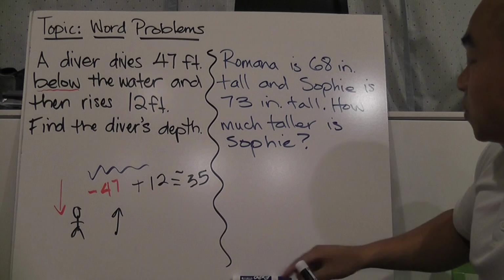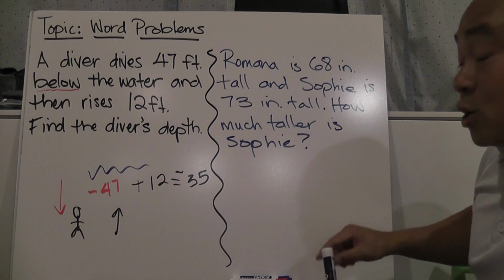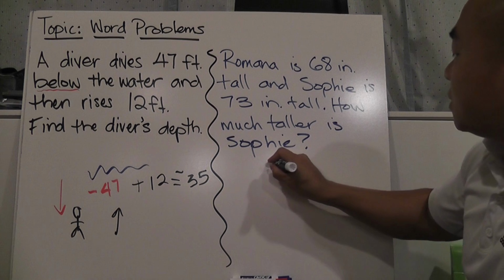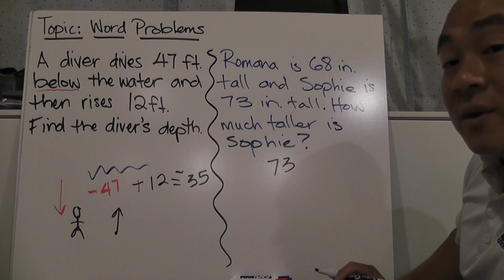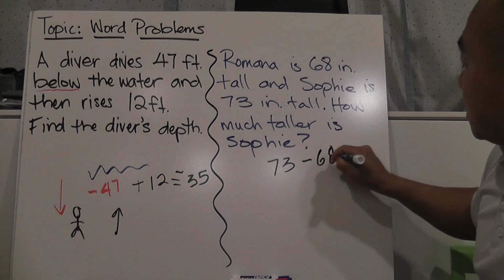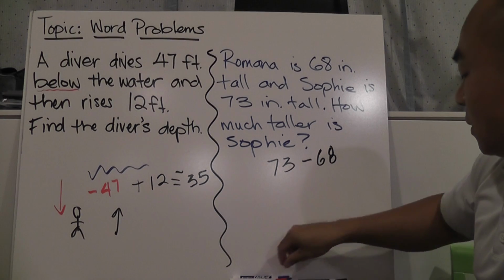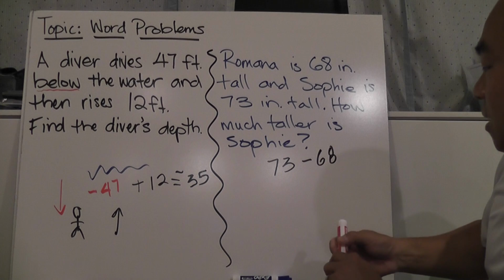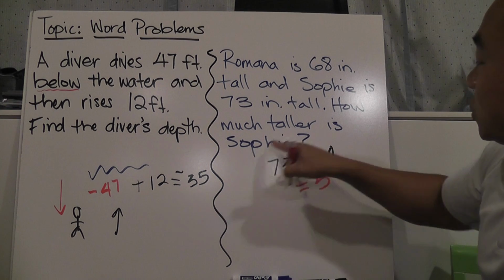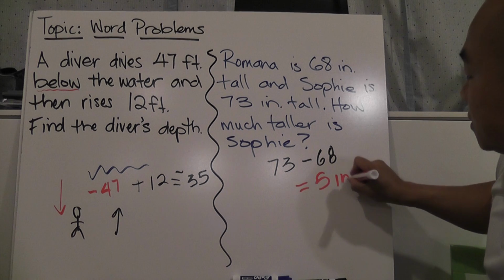Since Sophie is the taller one, it would be 73 minus 68, and 73 minus 68 equals 5. So Sophie is 5 inches taller.